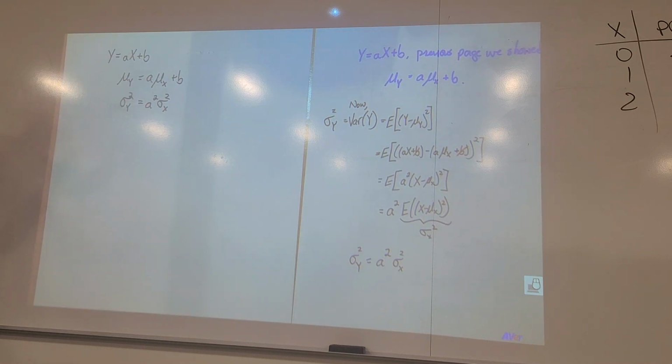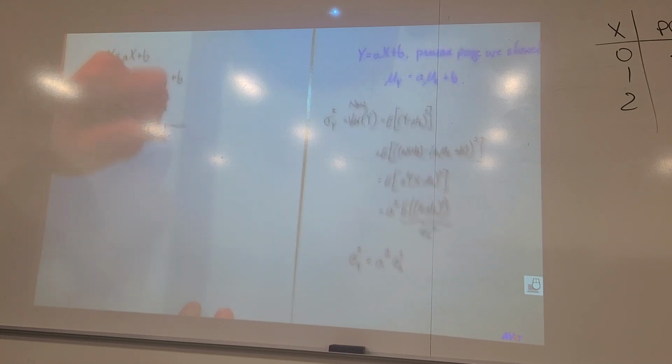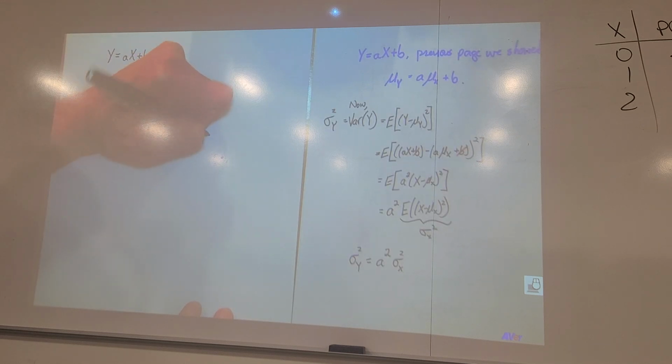By the way, I didn't add it there, but the standard deviation of y is the square root of a squared sigma squared of x, which is the absolute value of a times the standard deviation of x.